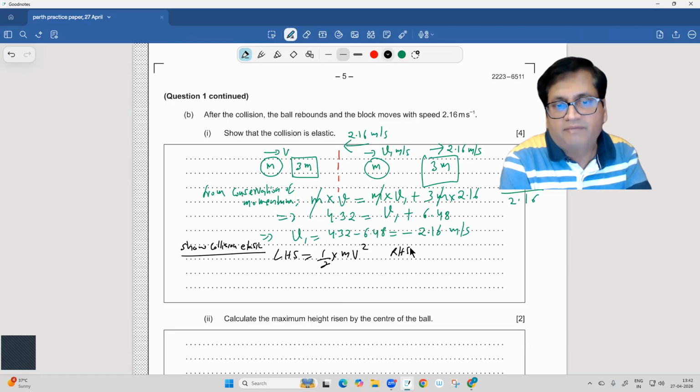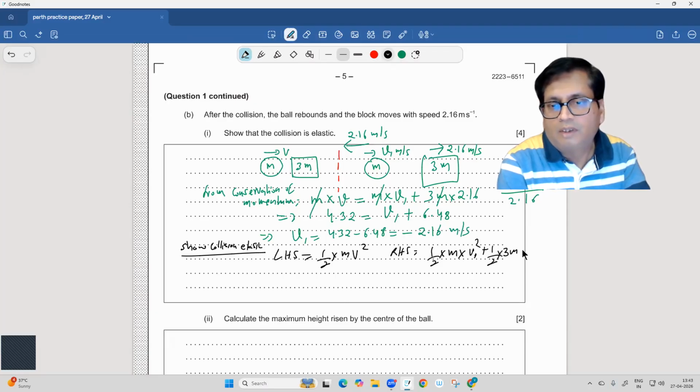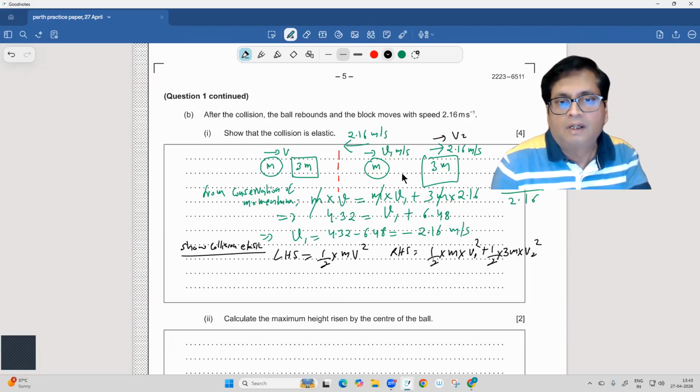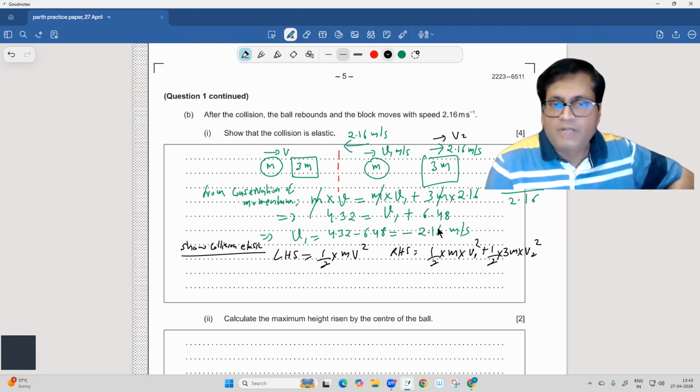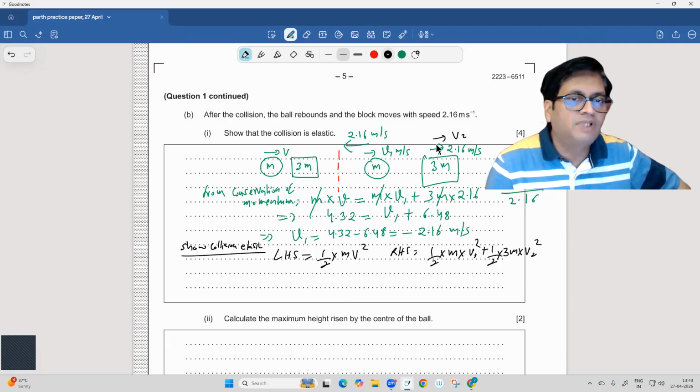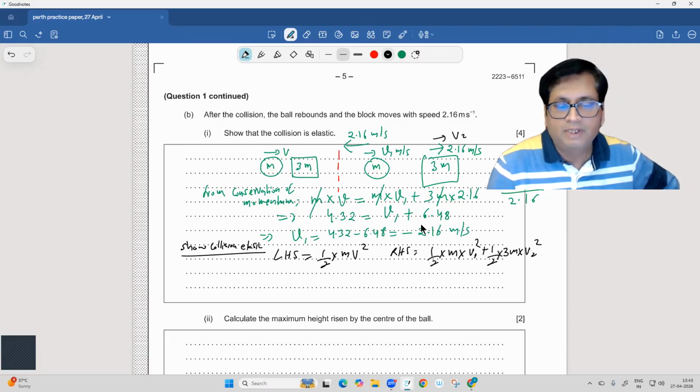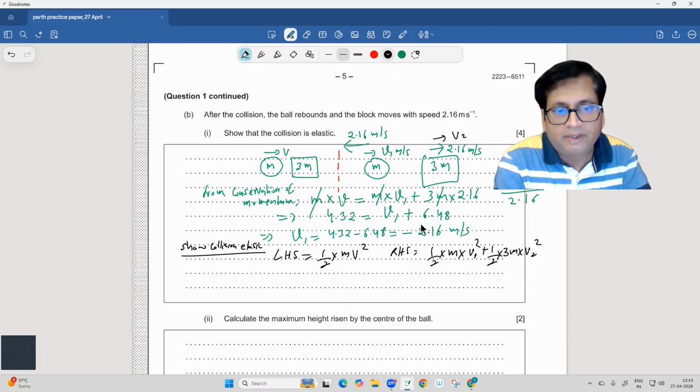And the right hand side, we have half into ball into v1 square plus half into block into v2 square. v2 was 2.16 and v1 is also 2.16. Both are coming same, right? So they are moving in opposite direction with the same velocity, equal magnitude, right? So anyhow, तो कितना हो गया ये?